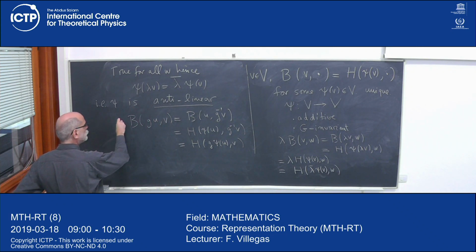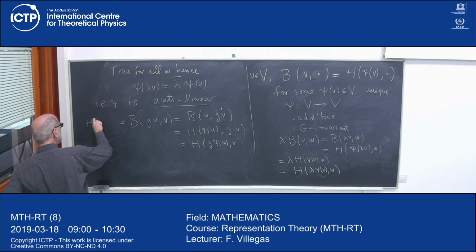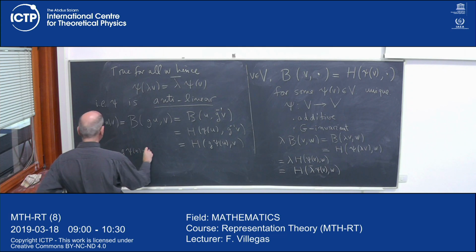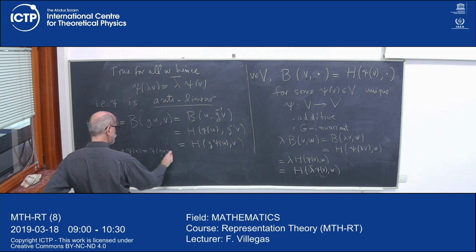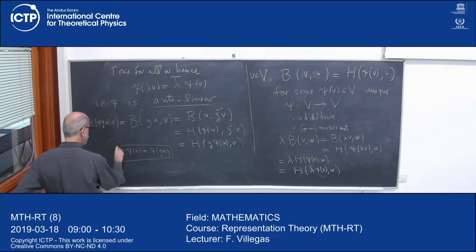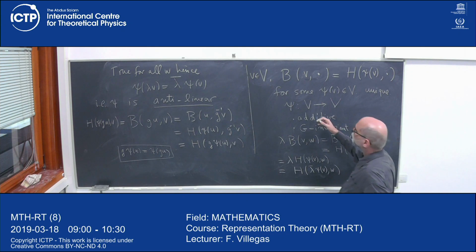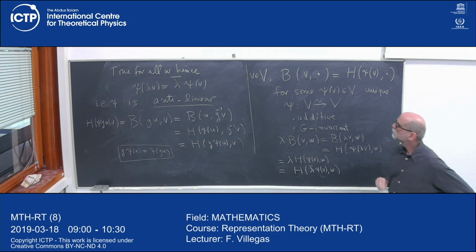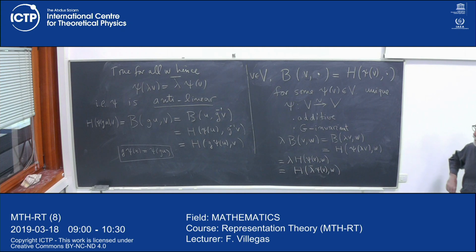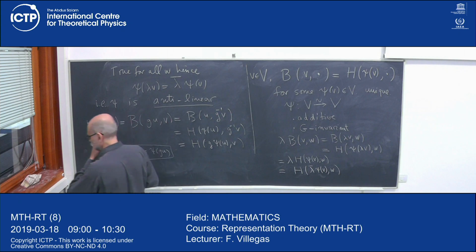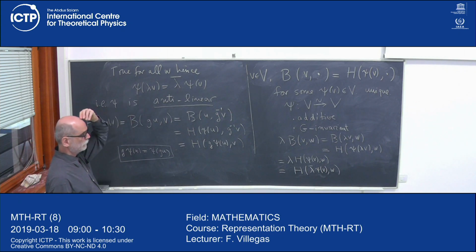On the other hand, this is H of psi of gu, v, and this is true for every v, so that means that g psi of u is psi of gu. So what we have then is an isomorphism, a bijection which is additive, G invariant, and antilinear in this sense.